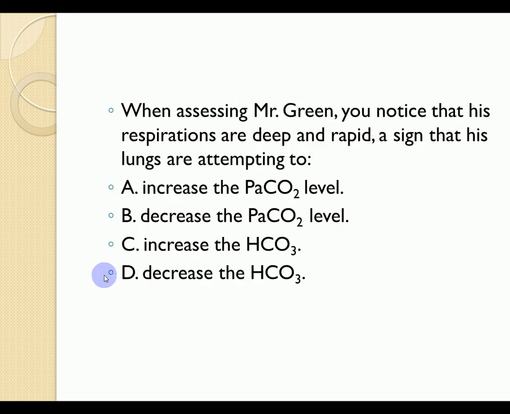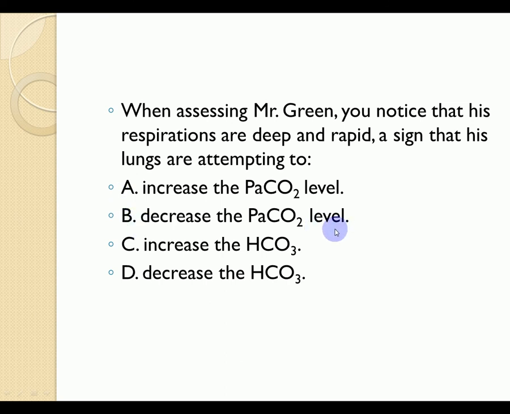When assessing Mr. Green, you notice that his respirations are deep and rapid, a sign that his lungs are attempting to: A, increase the CO2 level; B, decrease the CO2 level; C, increase the bicarb level; or D, decrease the bicarb level. You should have picked B, decrease the CO2 level.